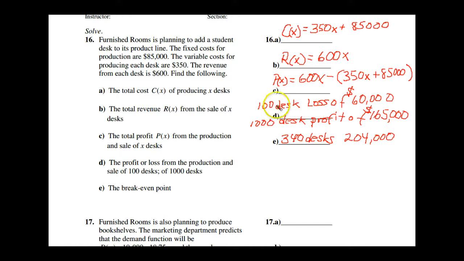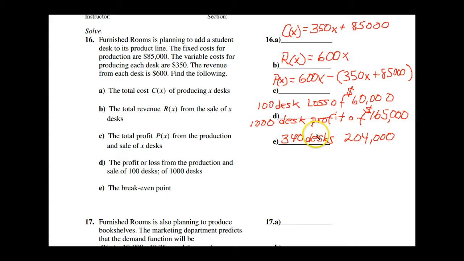But if you sell just 100 desks, then the graph would be such that you would be below the break-even point, and that would indicate a loss of $60,000. So if you put 100 in there and 100 in there, since this is going to be larger, it's going to be a loss of 60,000. But if you put 1,000 in there, you actually have a profit of 165,000.